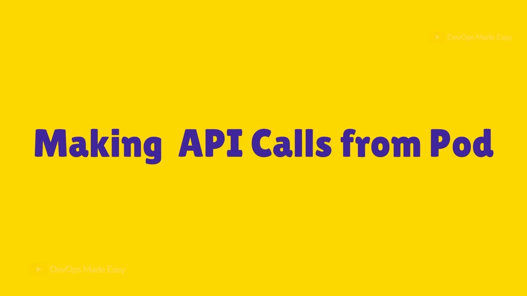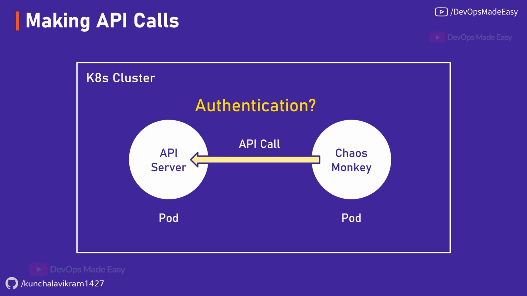So we will ask it to randomly delete pods from a specific namespace, and this application itself will run as a Kubernetes pod instead of running outside the Kubernetes environment. For this, we'll create a Python application, call it the Chaos Monkey application, and deploy it as a pod. And this pod deletes the other pods.